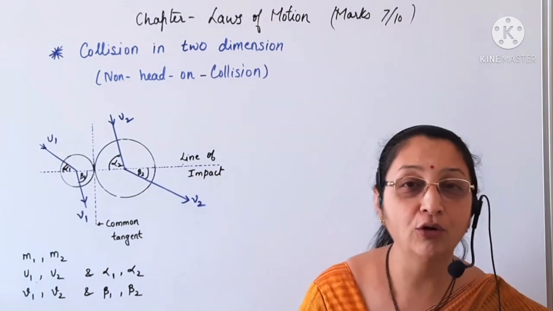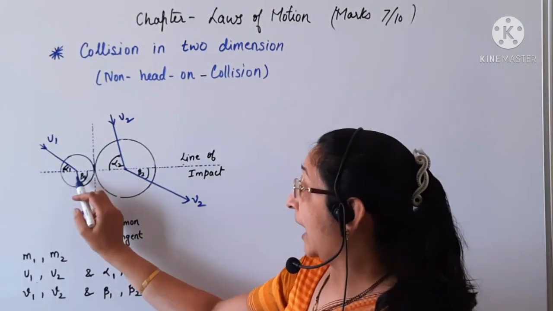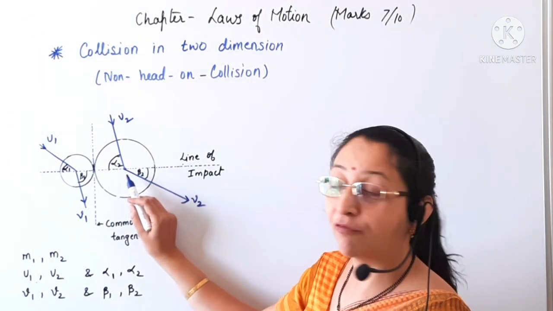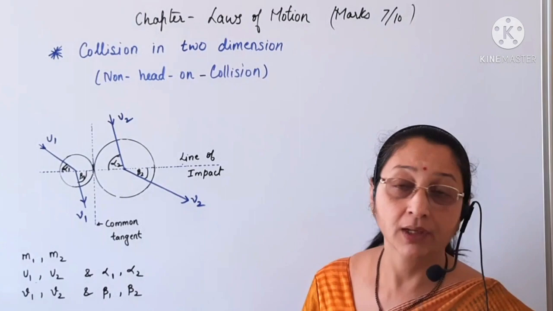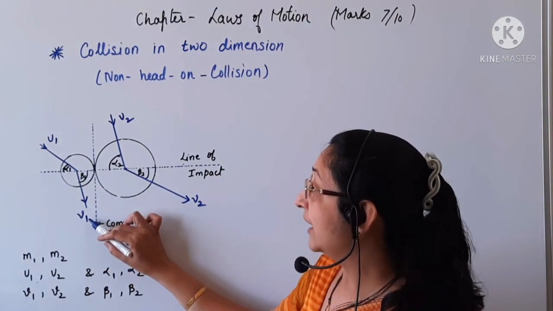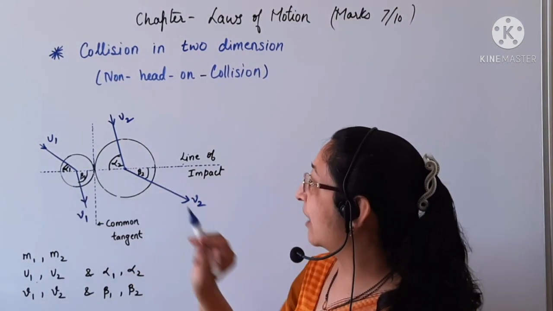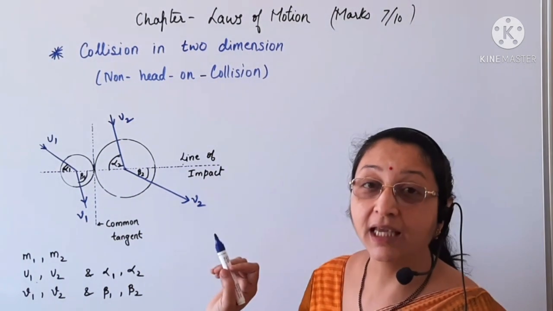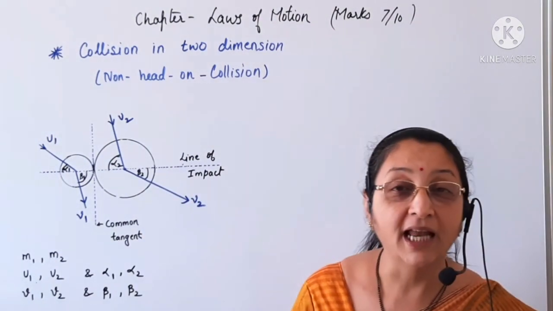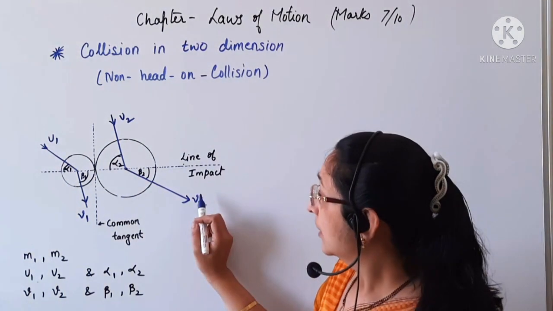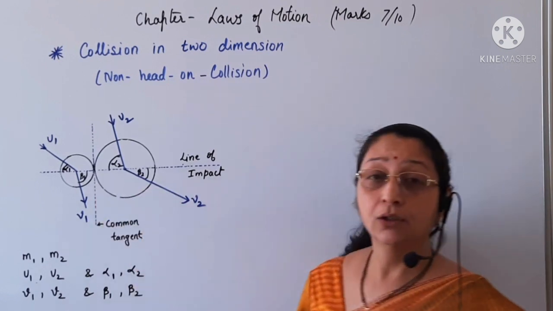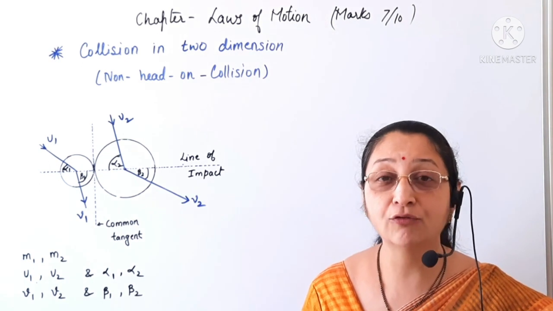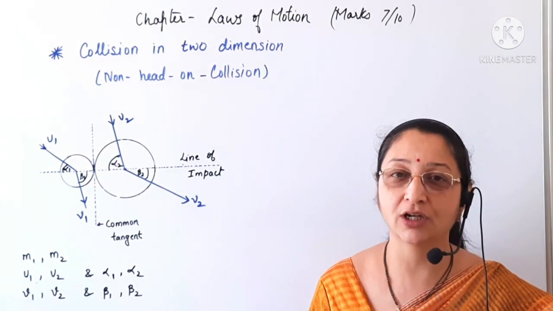Now, after collision, the direction of the velocity of mass m1 is v1 and the direction of velocity of mass m2 is v2. The velocity v1 is making an angle of beta 1 with the line of impact, and the velocity v2 is making an angle of beta 2 with the line of impact. So, these two bodies are colliding, but this time it is a two-dimensional collision.